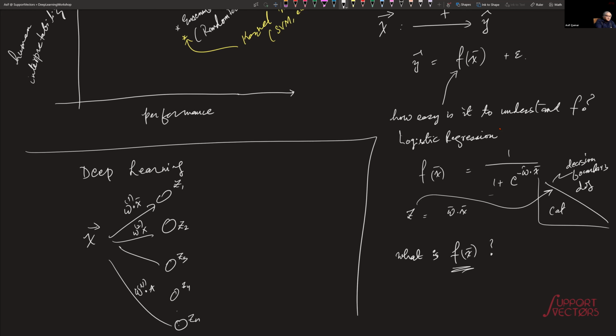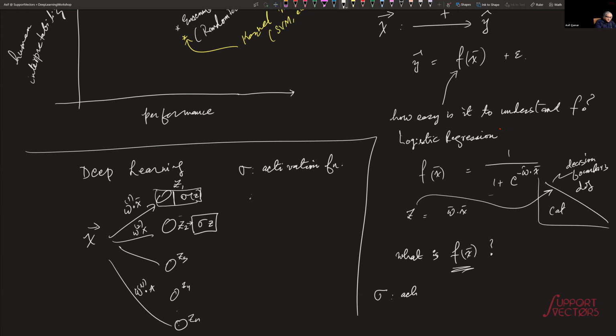But that is not enough, because each node also does a second part: it applies an activation function to it, a nonlinear activation function. Do you remember, guys, a sigmoid function? So sigma is the activation function.